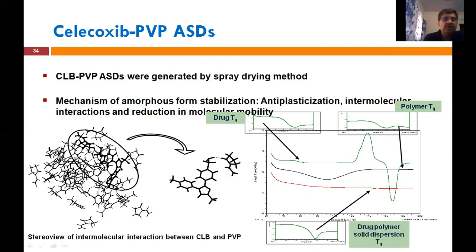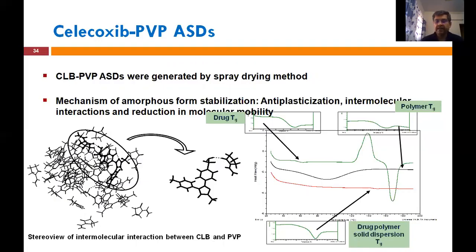Specific intermolecular interactions were also found out between celecoxib and PVP, and with the help of FTIR and molecular simulation studies, we were able to find that there are specific interactions between the CO group in the polymer and the sulfonamide group of the celecoxib.